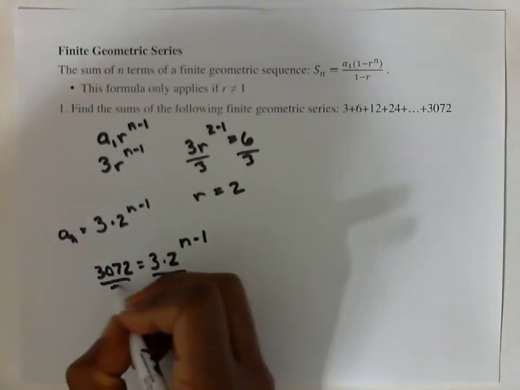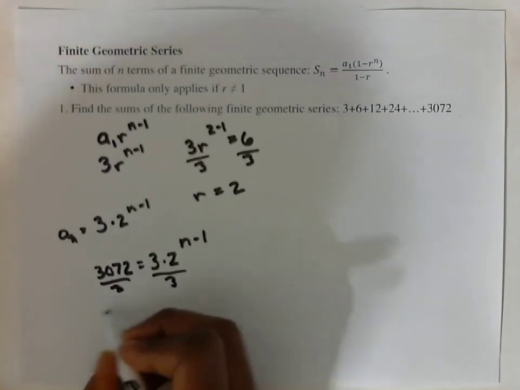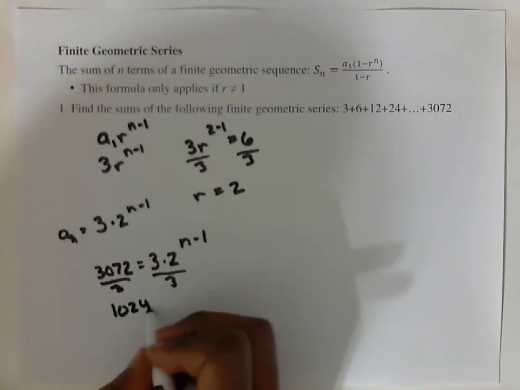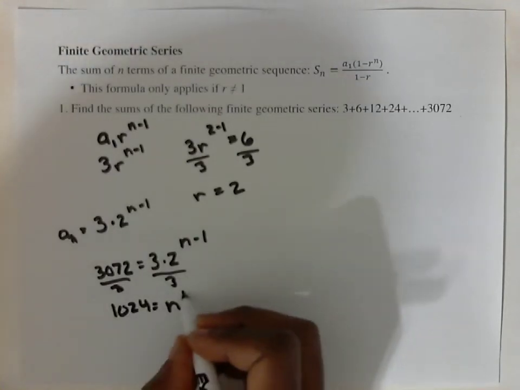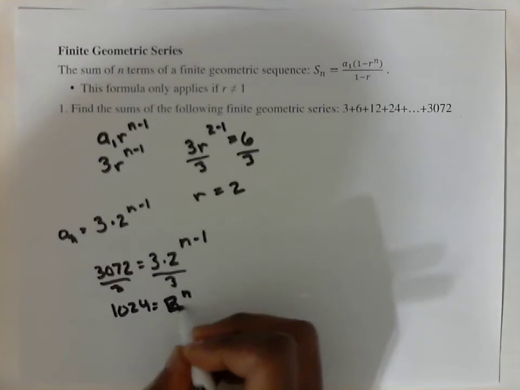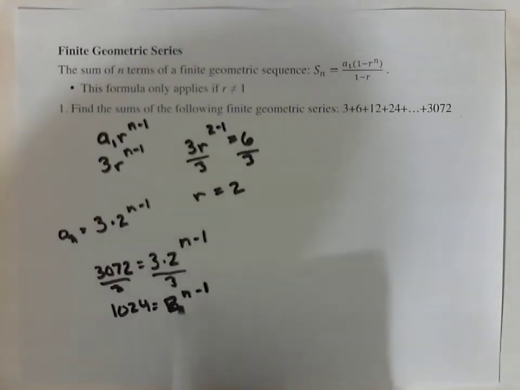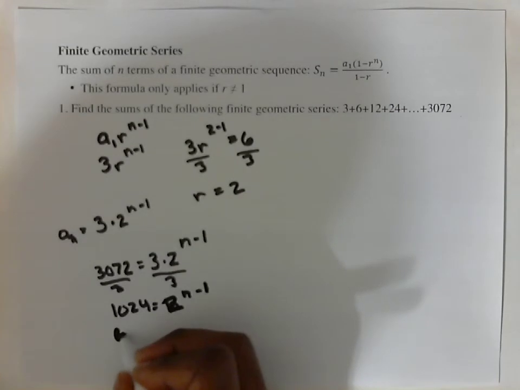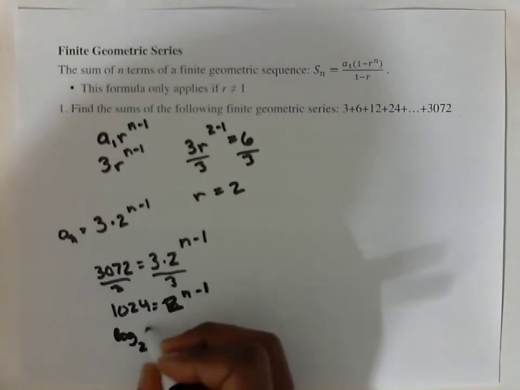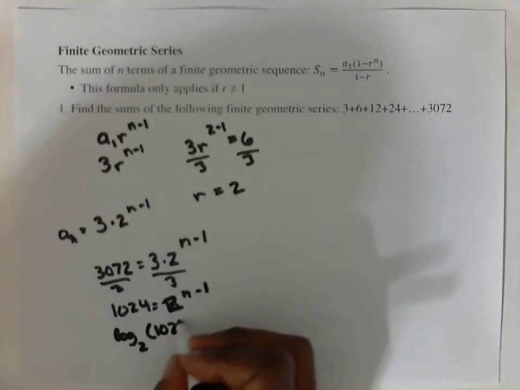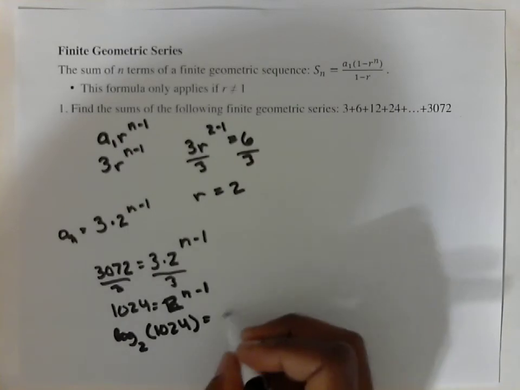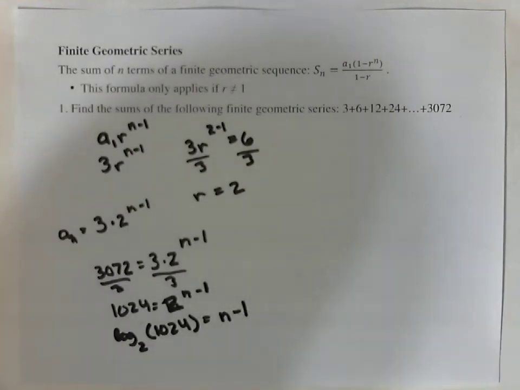We'll divide both sides by 3, and then 1024 equals 2 to the power of n minus 1. Now, since we want to figure out n, we can use, from a previous lesson, the log base 2 of 1024, which is going to equal n minus 1.